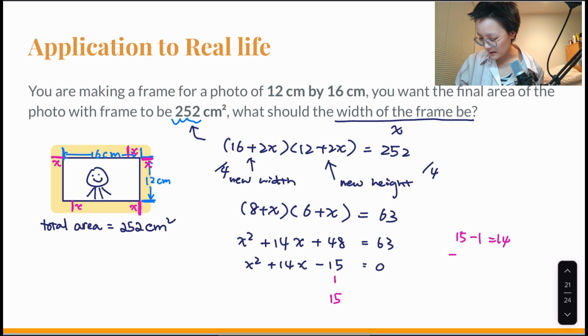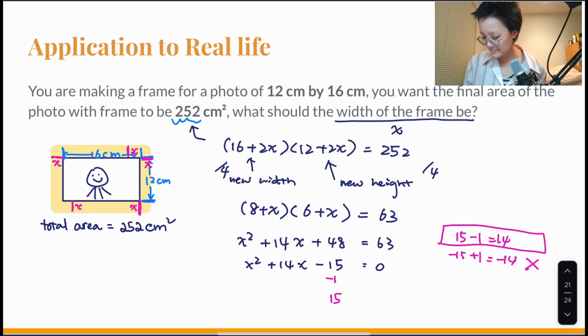But if I have negative 14 plus 1, that equals negative 14, which is not what we want, and we want this. So I will use this negative sign in front of this 1. So x, and cross product. So we have x plus 15 times x minus 1 equals 0.